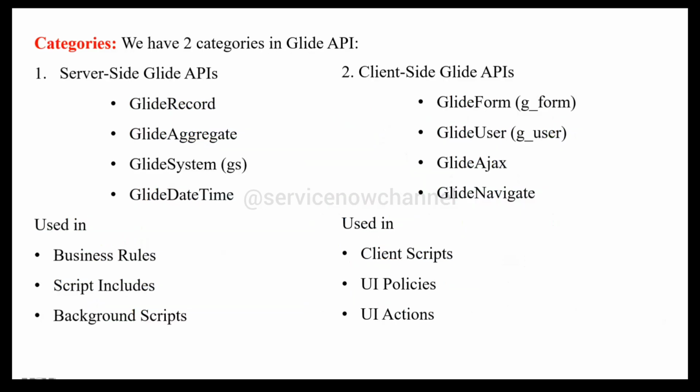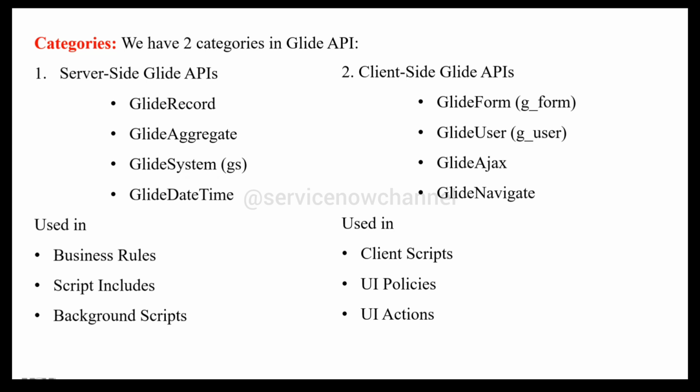So next we have categories. Glide API or Glide classes have two categories. One is server-side Glide APIs and the second one is client-side Glide APIs. In server-side Glide APIs we have four: GlideRecord, GlideAggregate, GlideSystem, GlideDateTime.